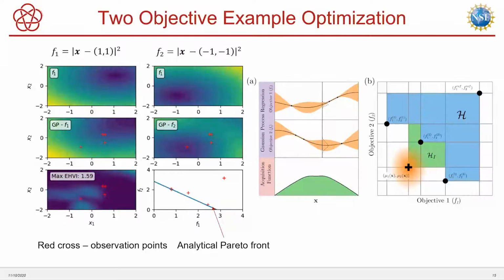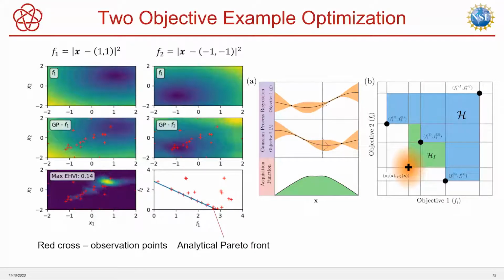I plotted a 2D example here on the left with a little animation. I have two objectives, F1 and F2, which are simply parabolas in the 2D input space. The ground truth of each of those objectives is shown on the top row of the plots.